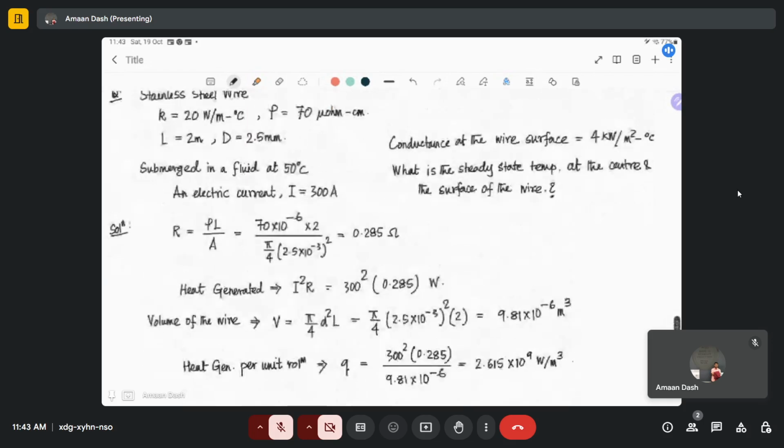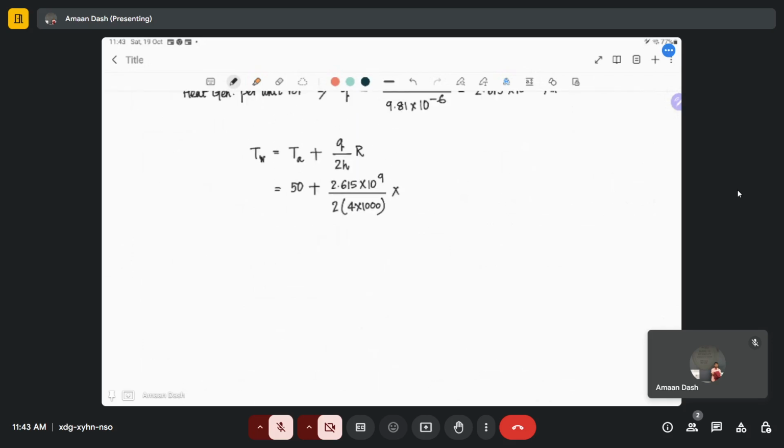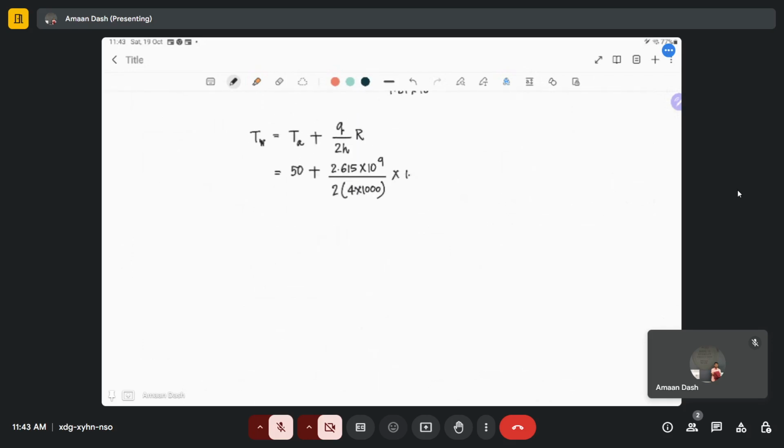Now radius is how much? So this is 2.5 divided by 2, so 1.25 times 10 to the power of minus 3.